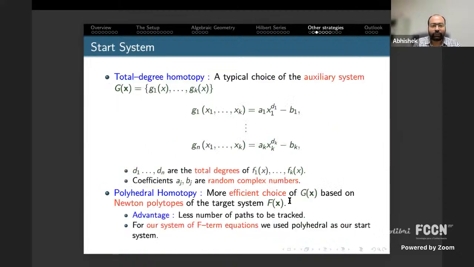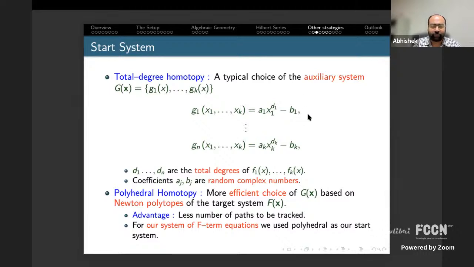One easy choice of a system of equations that you can really solve is the total degree homotopy system. You take something like x1 to the power of some degree minus a constant, where these a's and b's are all constants. This system is very solvable, since each equation has only one variable, like x1 to the power d, set to 0.